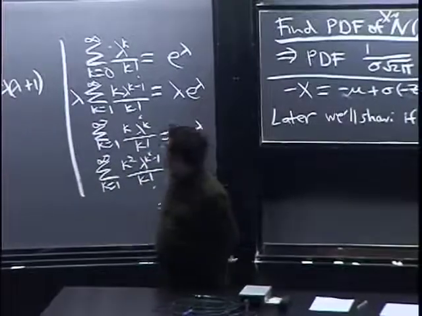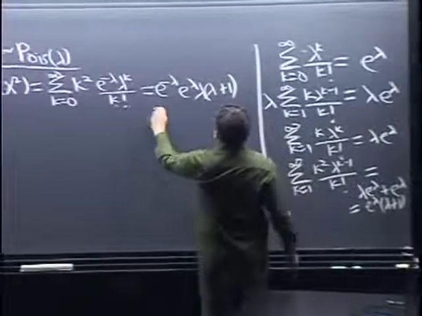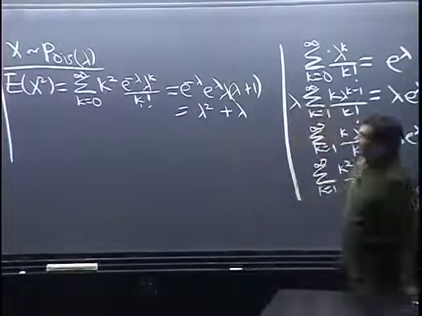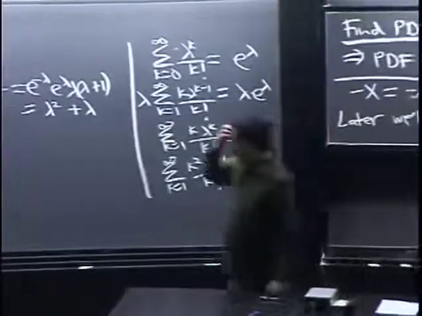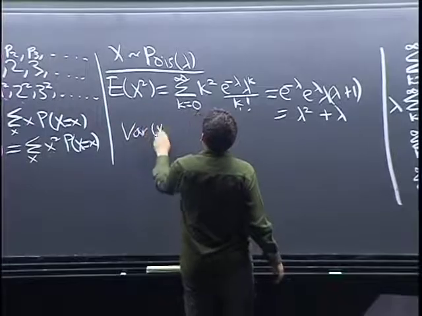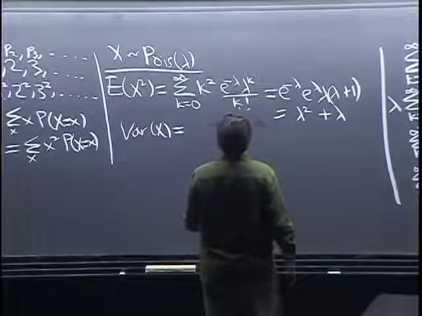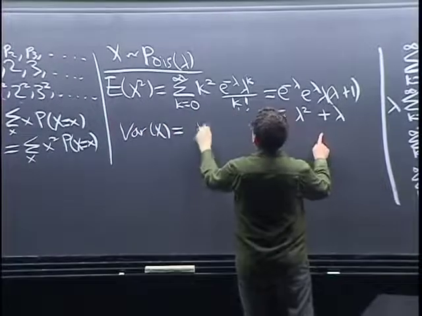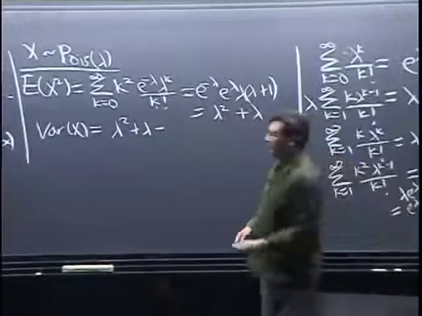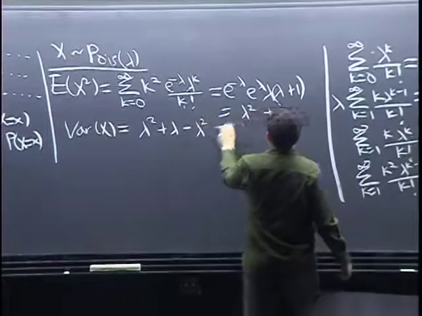So that's just lambda squared plus lambda. And now we have the variance. So the variance of X equals this thing, lambda squared plus lambda minus the square of the mean, which is lambda squared, equals lambda.